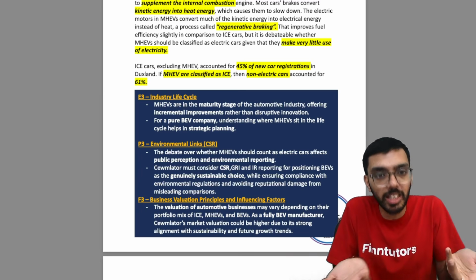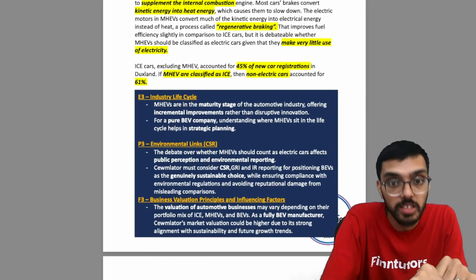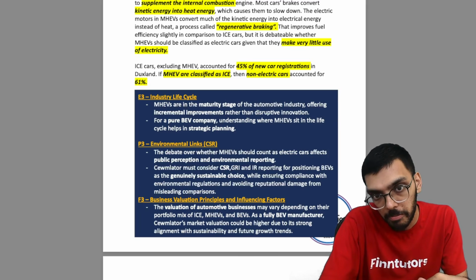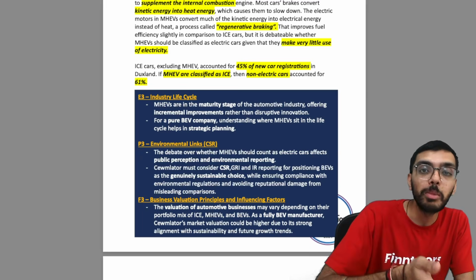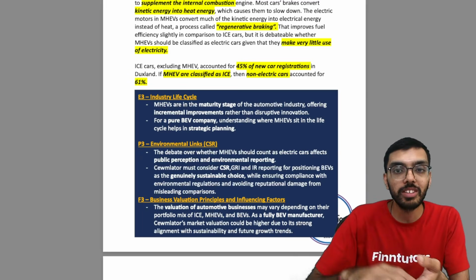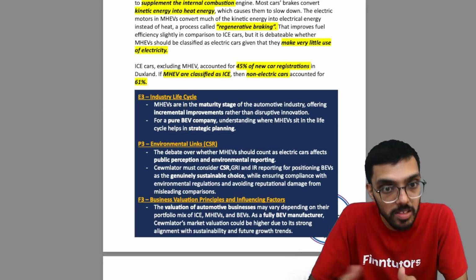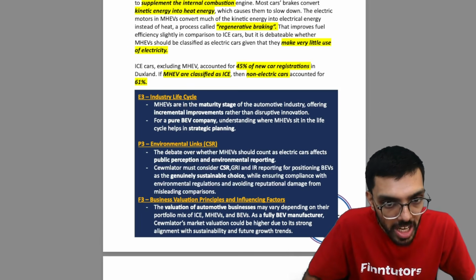So why should we call it an EV? For a pure BEV company like us, understanding where MHEVs sit in the life cycle helps in strategic planning. Because you know that the government is moving towards more and more electric support. So overall, these cars are going to reduce in sales eventually. So we can put them comfortably in the maturity stage.